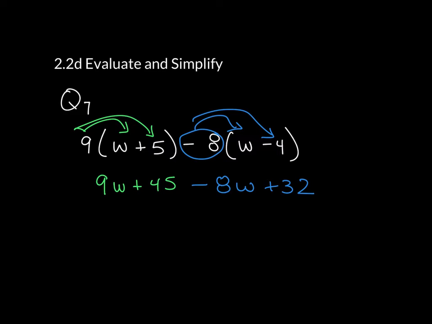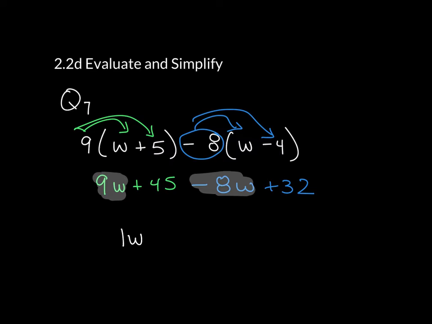Now we want to combine like terms, and we're going to combine like terms by first adding the positive 9w, and then you're going to subtract 8w, which leaves you with just 1w or just w. That's fine.